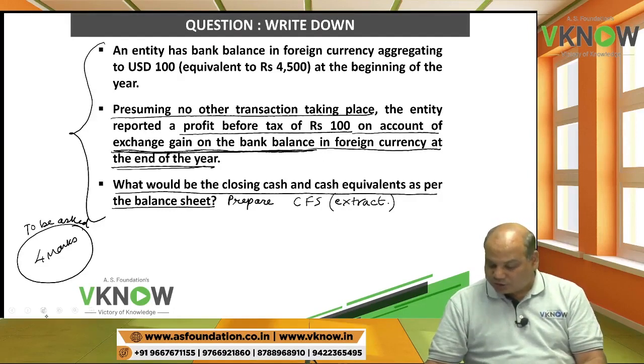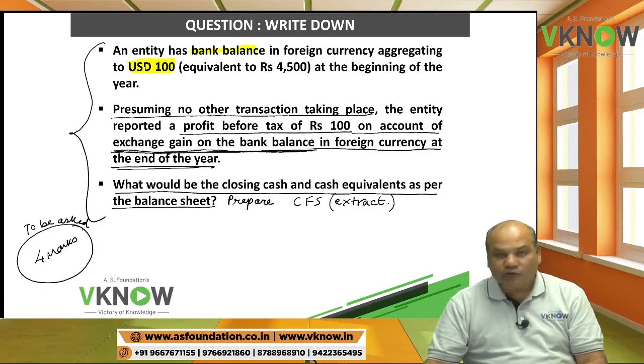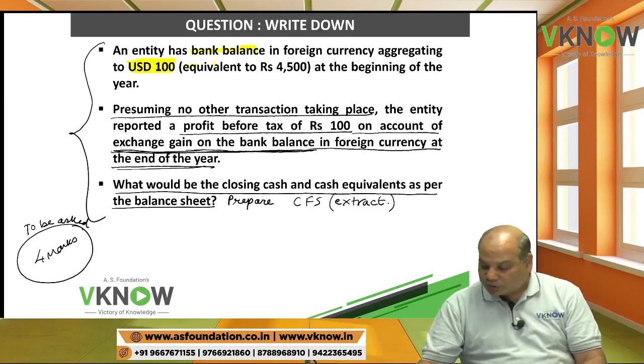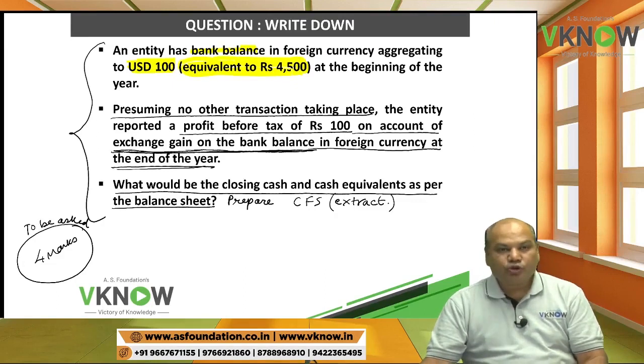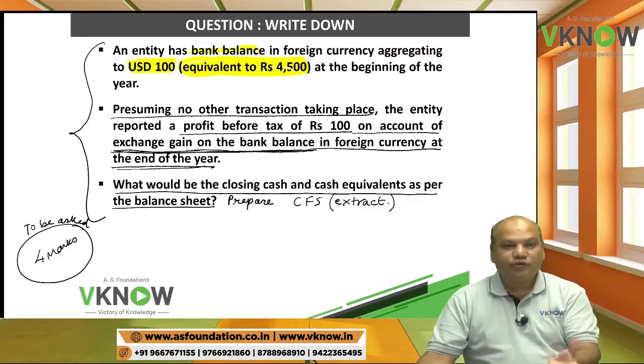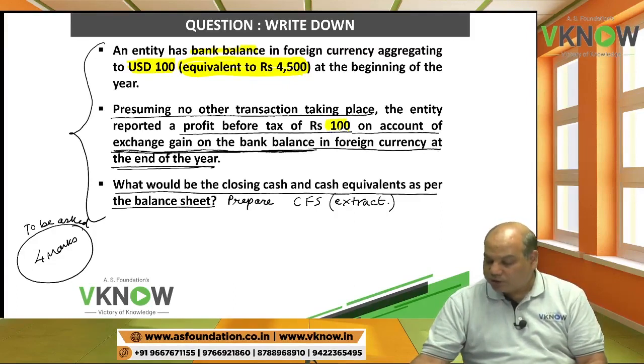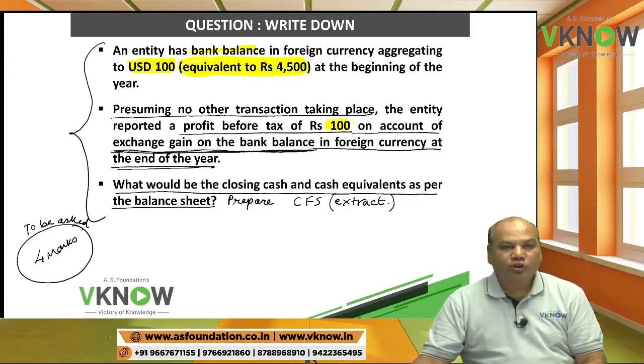Now you see on the screen: opening balance in foreign currency is $100. Bank balance is a foreign currency monetary item. At the beginning of the year, the exchange rate was 45, so we will write 4,500 rupees. During the year, exchange rate has gone up by 1 rupee, so this company made a profit due to exchange gain.